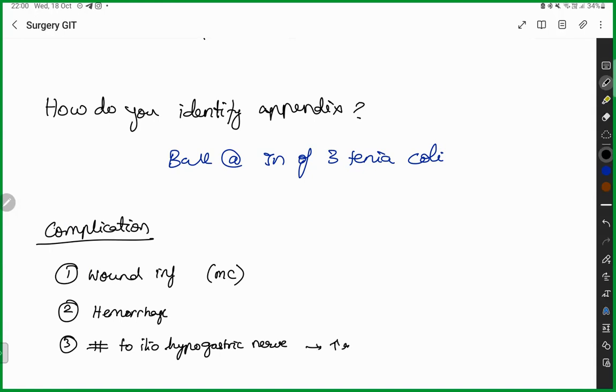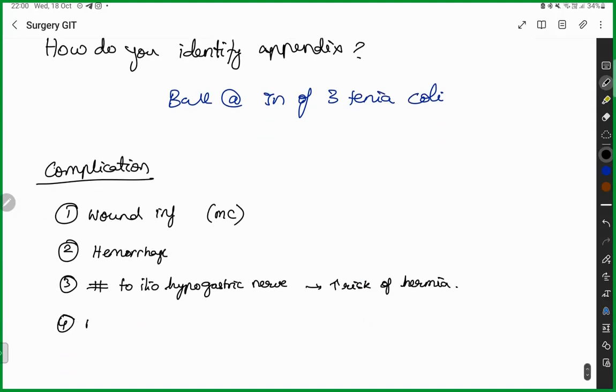And number 4 is portal pyemia, and you also have stump appendicitis.